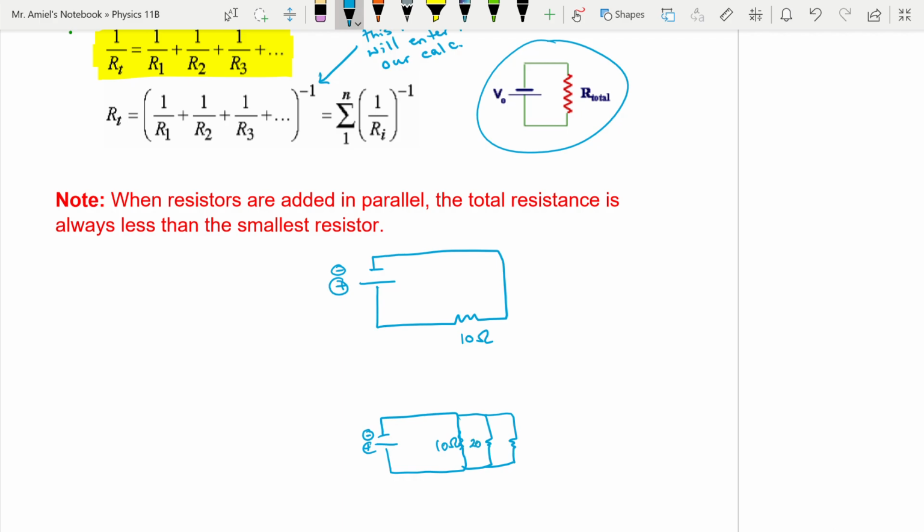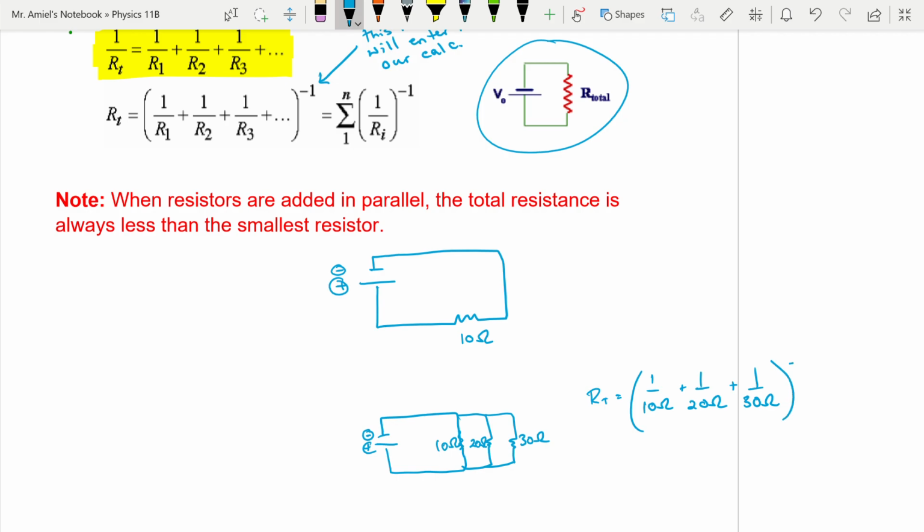Let's say we've got 20 ohms and 30 ohms. Our total resistance is equal to 1 over 10 ohms plus 1 over 20 ohms plus 1 over 30 ohms.